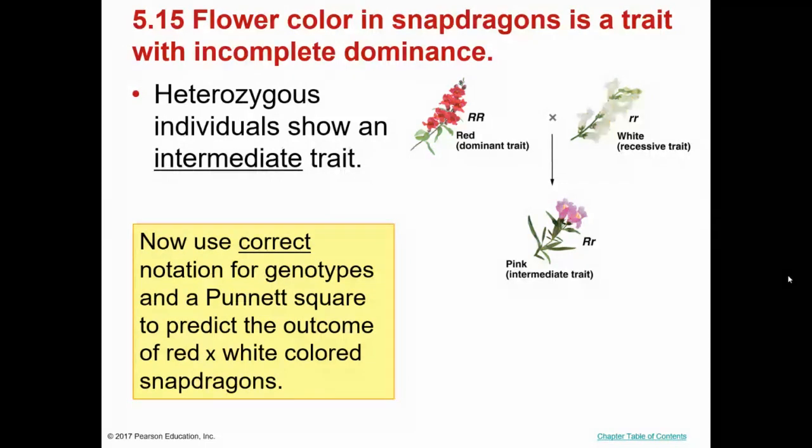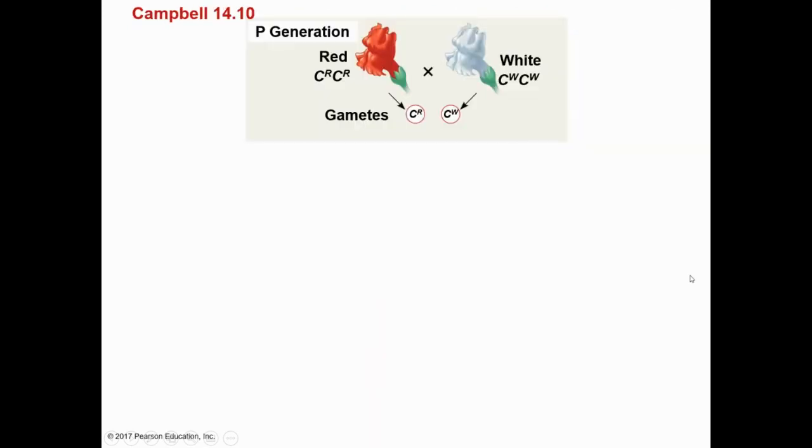I usually work these problems using the notation that you're seeing here. But if you are taking a majors level genetics class, or if you get into microbiology, for example, you may see this particular designation being used, where you have the C and then the uppercase W or R, and then the CRCW would be your pink individual.